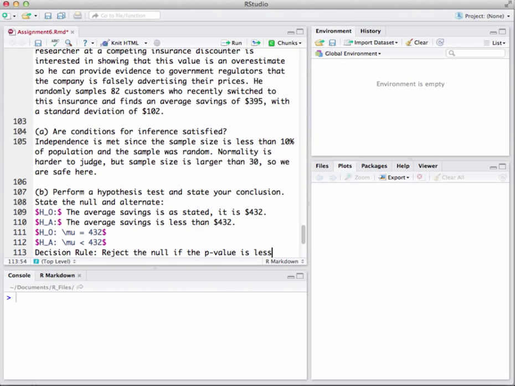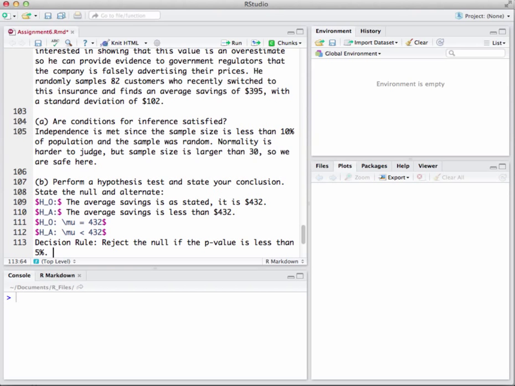In other words, set alpha equal to 0.05.